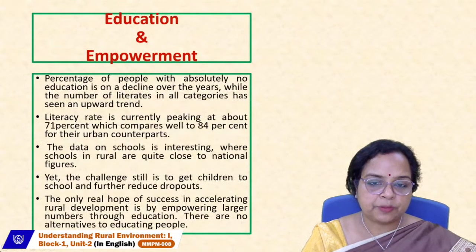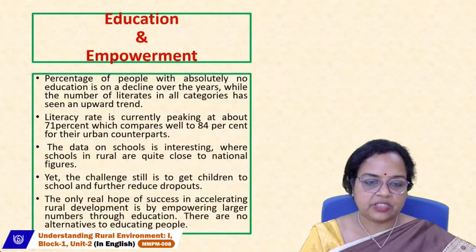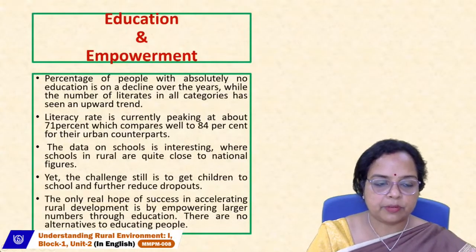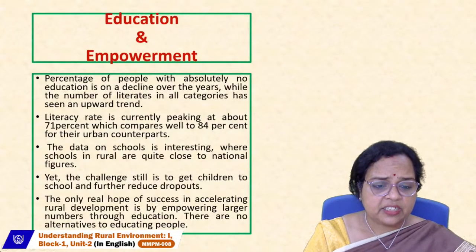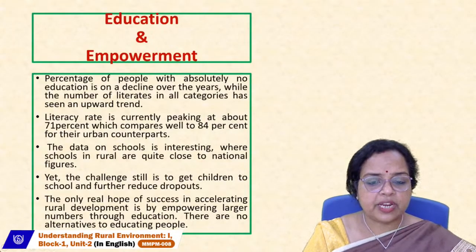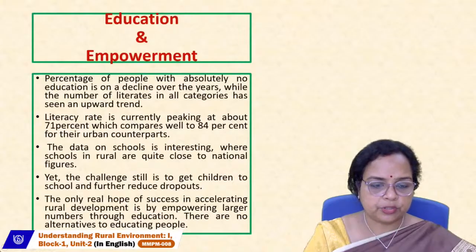The percentage of people with absolutely no education is now on the decline. Literacy rate is currently peaking at about 71%, which compares well to 84% of their urban counterparts. Yet the challenge still is to get children to school and further reduce dropouts.